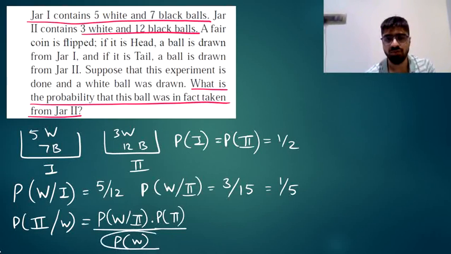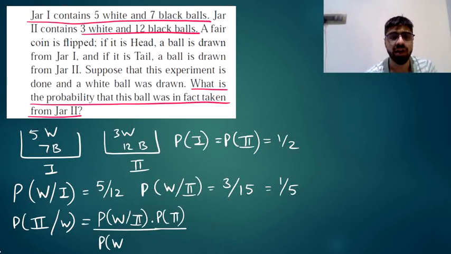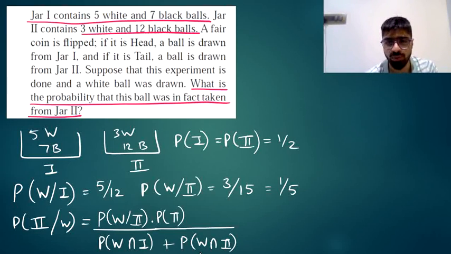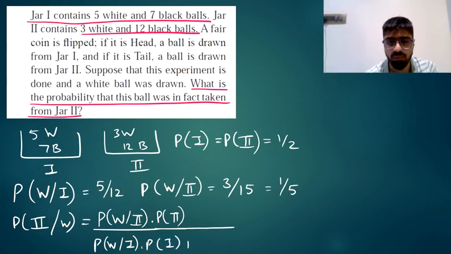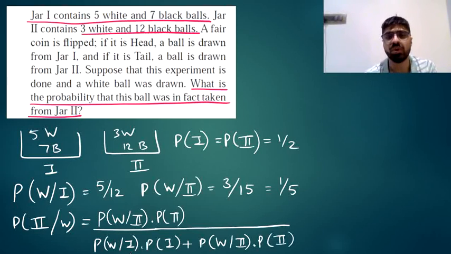Now in the denominator you have P of W. Probability of a white ball getting selected will be a white ball getting selected along with box 1, that is P of W intersection 1, or you can have a white ball with the box 2 getting selected, that is P of W intersection 2. P of W intersection 1 being written as P of W given 1 into P of 1 plus P of W given 2 into P of 2. We are writing P of W intersection 2 as P of W given 2 into P of 2.